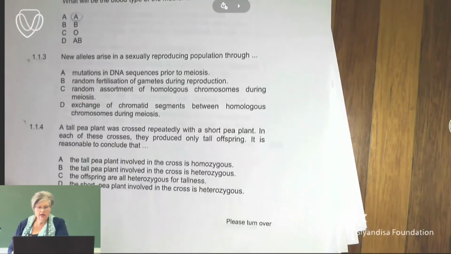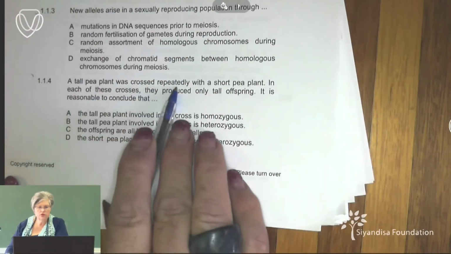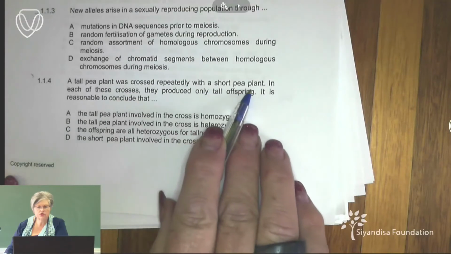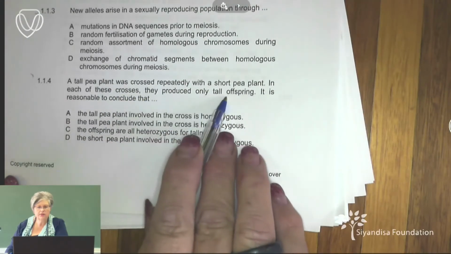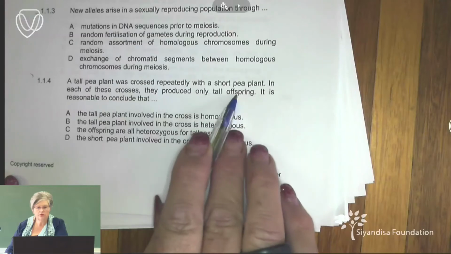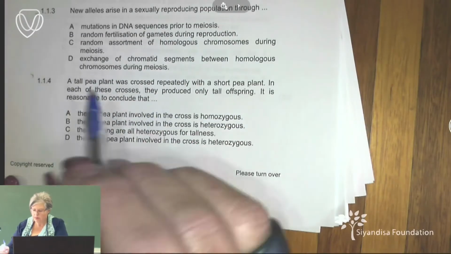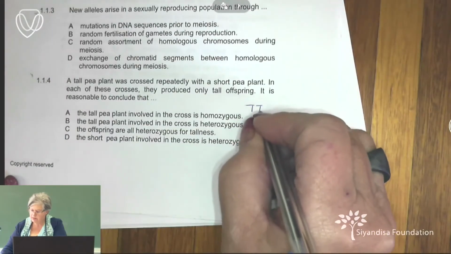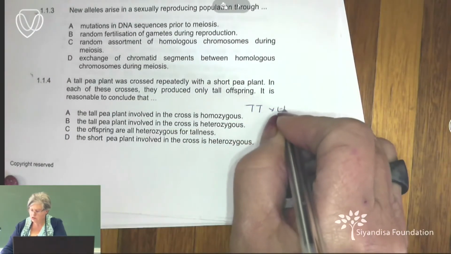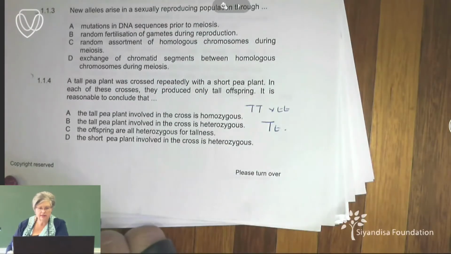Then 1.4, a tall pea plant was crossed repeatedly with a short pea plant. In these crosses, they only produced tall offspring. Remember I said the ratios. If we have big T cross small t, all the offspring will be like that.